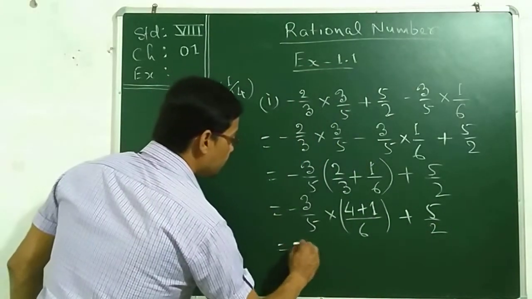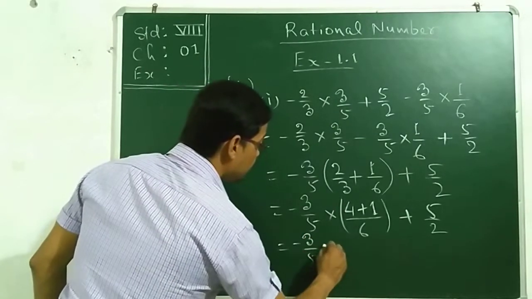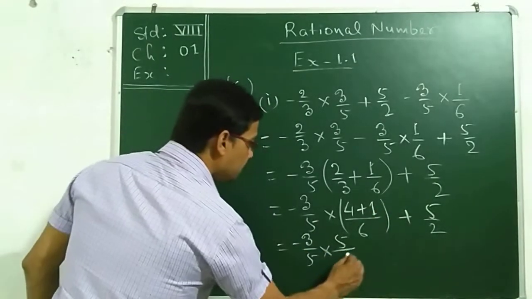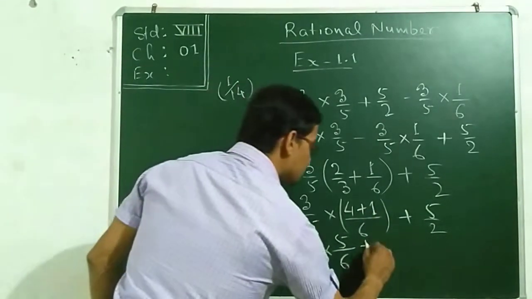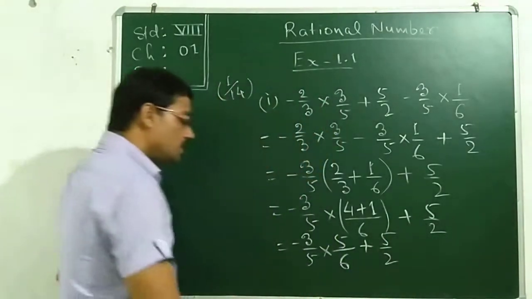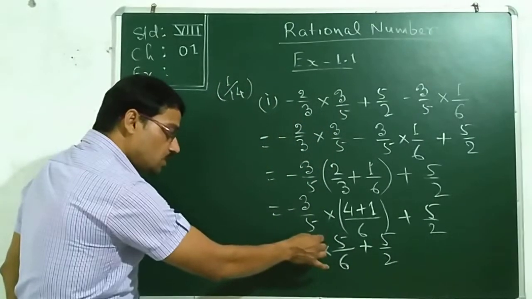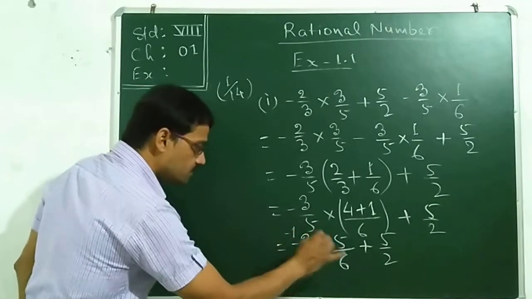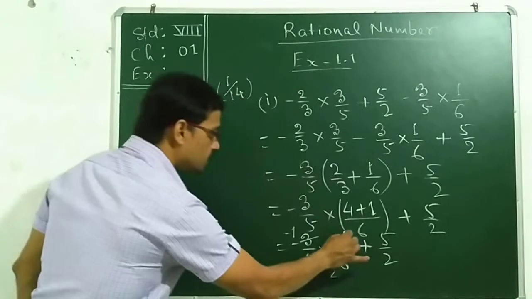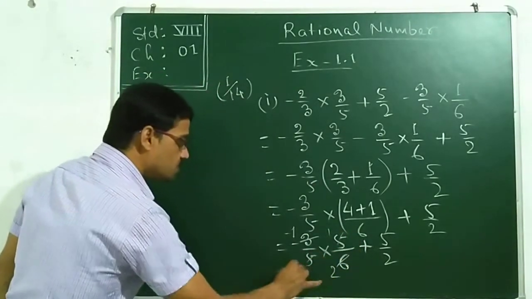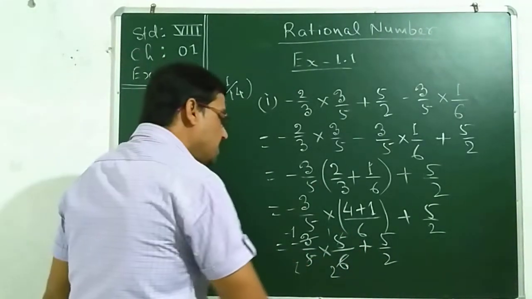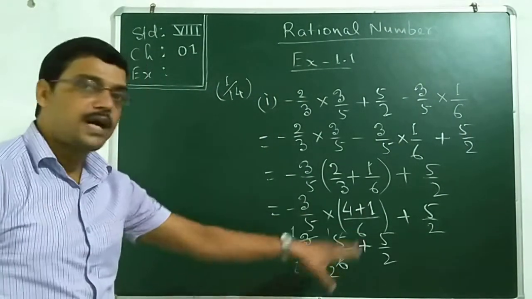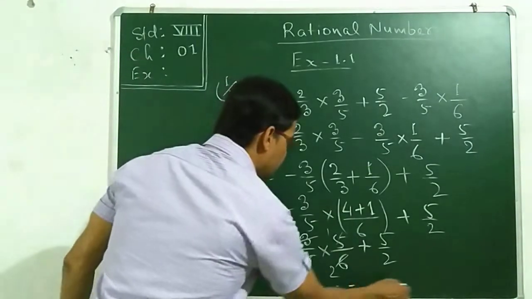In the next step, minus 3 by 5 into 5 by 6 plus 5 by 2. Reduce it to the lowest terms: minus 3 minus 1, 2, 5 1s and 5 1s. So finally this turns to minus 1 by 2 plus 5 by 2. Now carry on the remaining steps.